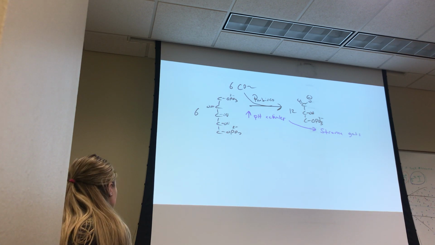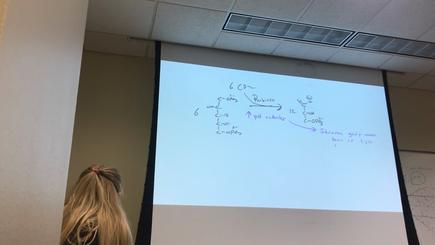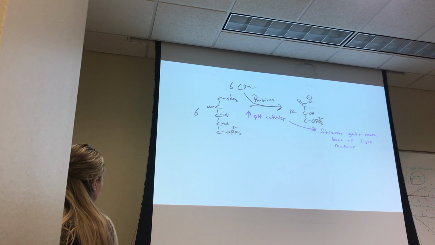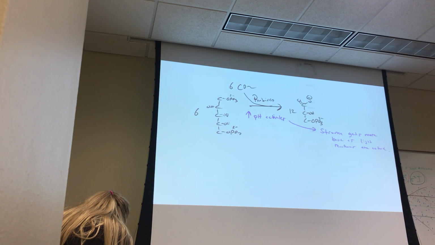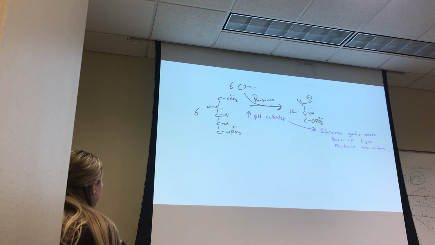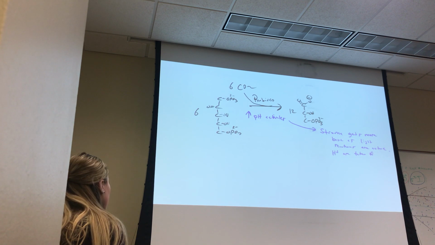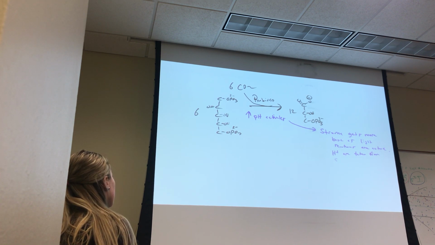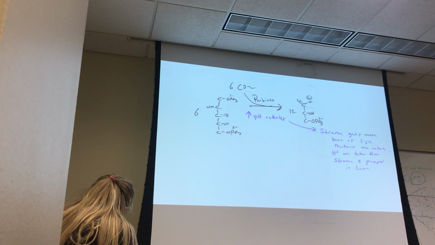Stroma gets more basic as light reactions are active, right? Because the light reactions, what do they do? They pump protons into the lumen. So protons are taken from the stroma and pumped into the lumen.